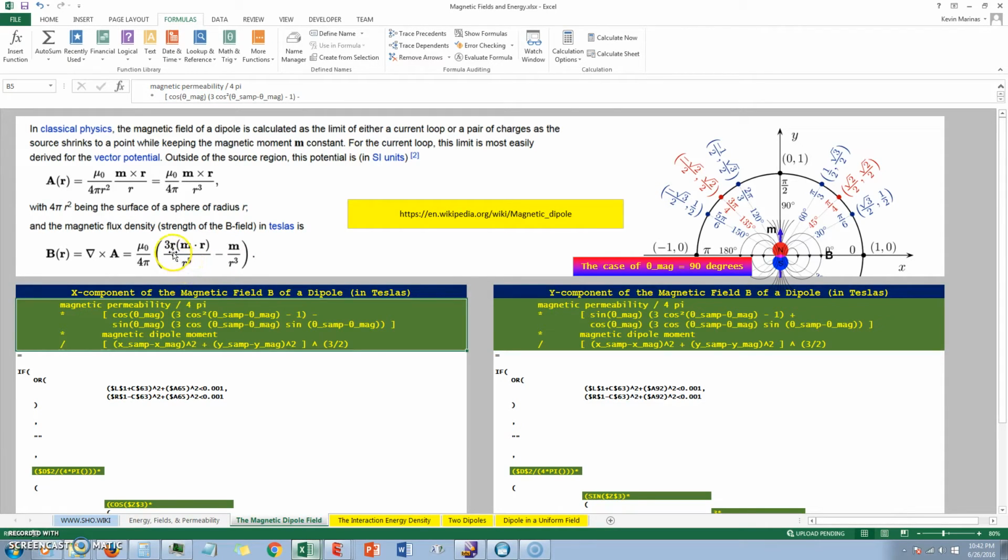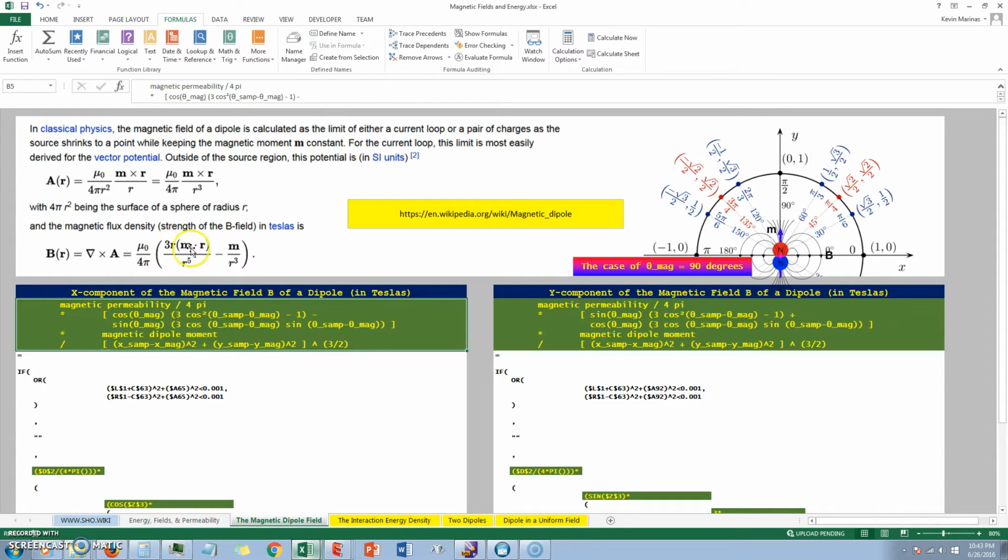But we also have in here the magnitudes in the directions, because we have these vectors, right? Here's the radial vector, and if I were to double the magnitude of the radial vector, it would affect not just this, but the value of this dot product of these two vectors, the magnetic moment vector and the radial vector.